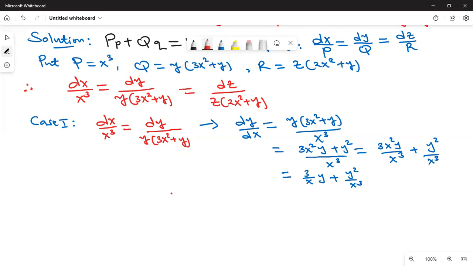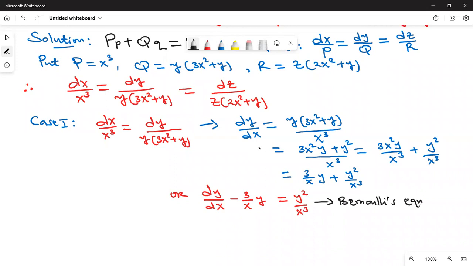So you can just say dy over dx minus 3 over x times y is equal to y squared over x cubed. This is a Bernoulli's equation.